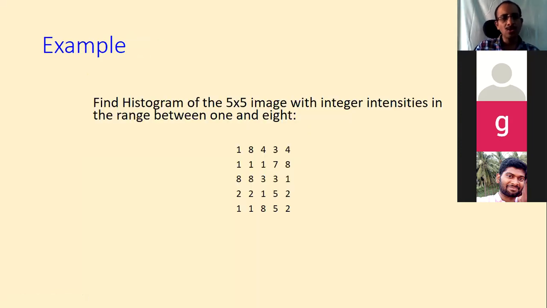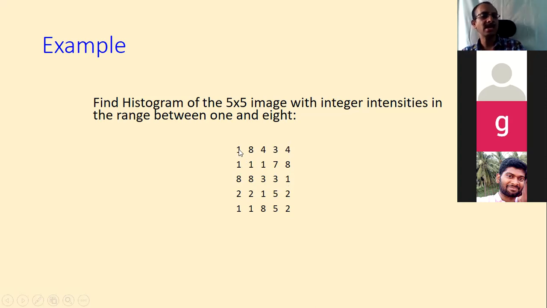Now I am trying to give an example here. Assume that this is the matrix corresponding to some image patch. What I would request is, each of you quickly get the probable histogram of this matrix patch. Make a histogram and give me the count.